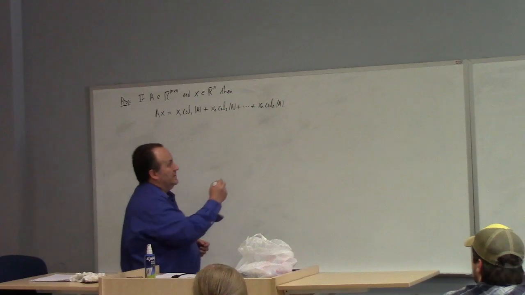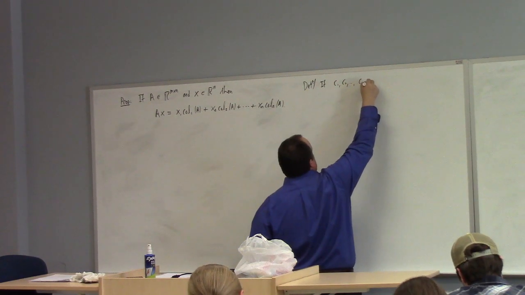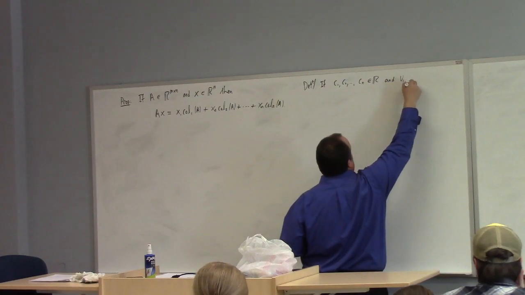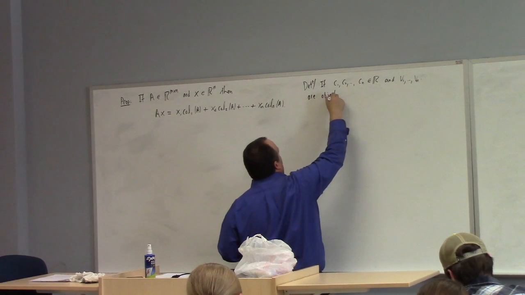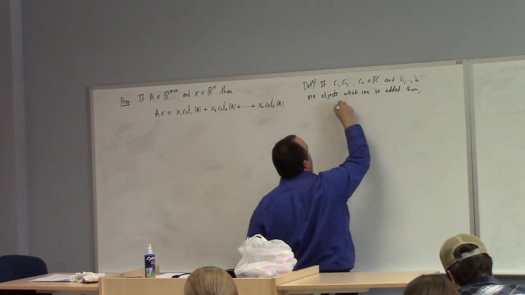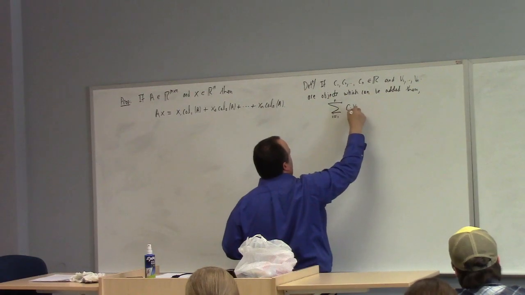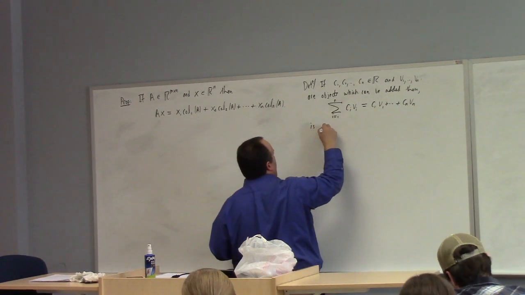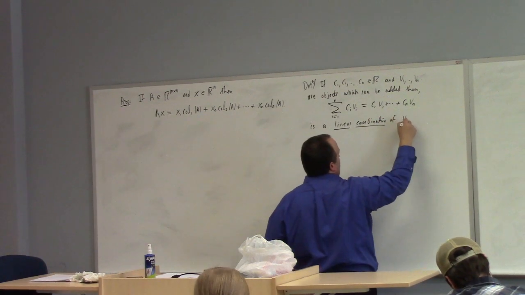So, definition: if c1, c2, all the way out through cn are, let's say, real numbers, and v1 through vn are objects which can be added, then the sum i equals 1 to n of ci vi, which is just a shorthand for this, is a linear combination of the v1 through vn.